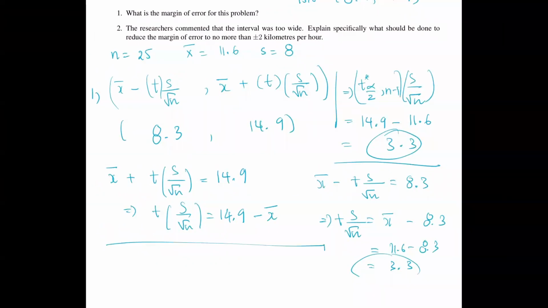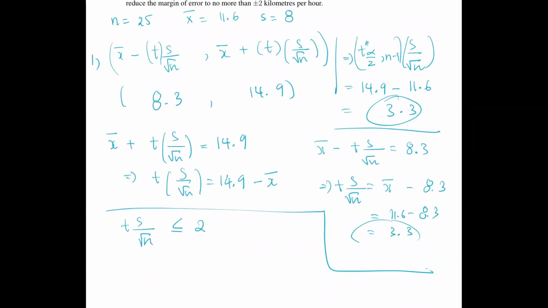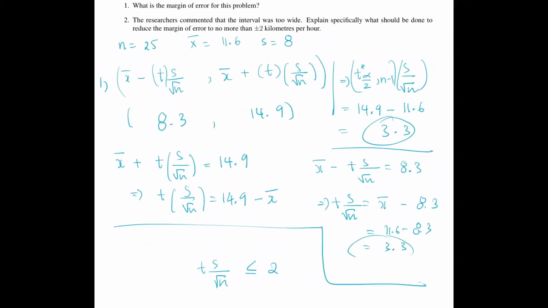And then for the second one, you want to reduce this error. You want to reduce this one to less than or equal to 2. And you will have to find for what values of n you can achieve that. Because in order to reduce the variability, you have to increase n, increase the sample size.